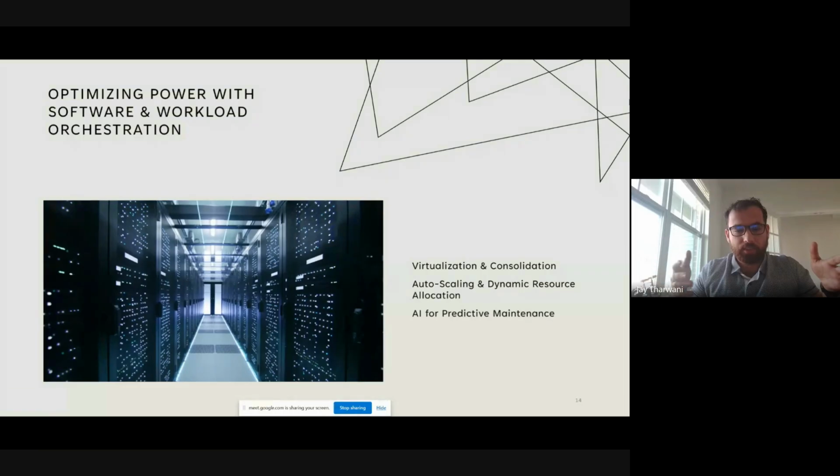Now, if it has 400 cores, but your application is just using 2 cores, and the server is on, it's basically dissipating power, right? It's just sitting there for one application, which is not a very good utilization of the whole system.